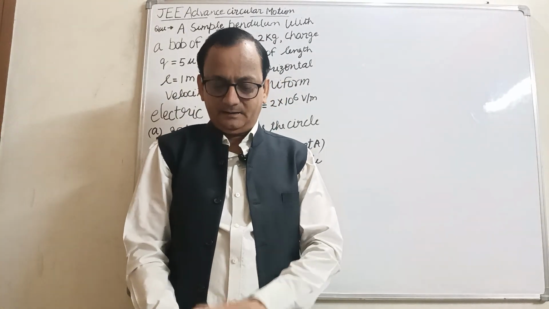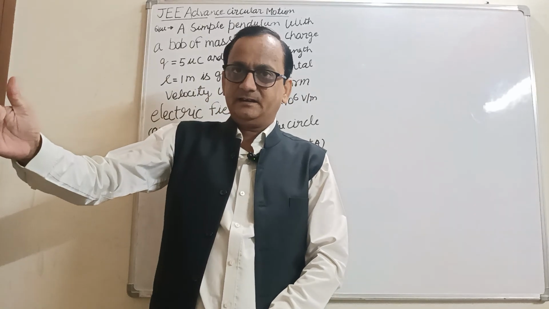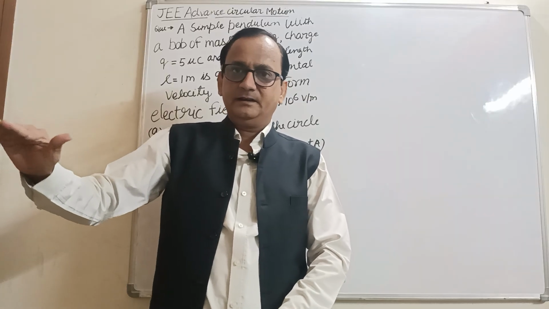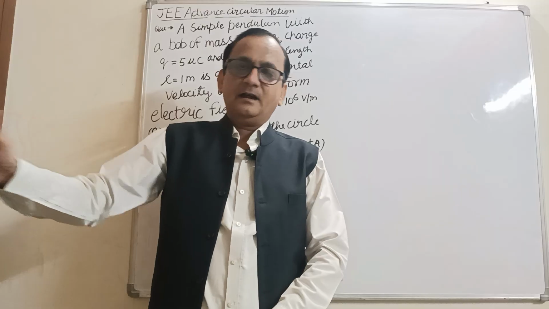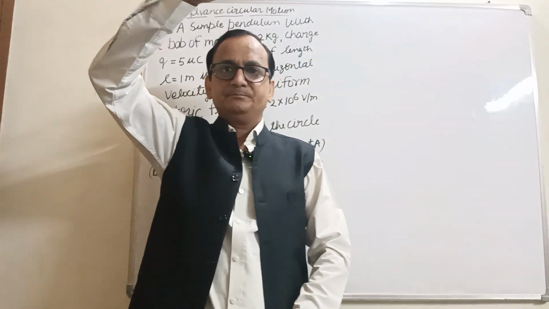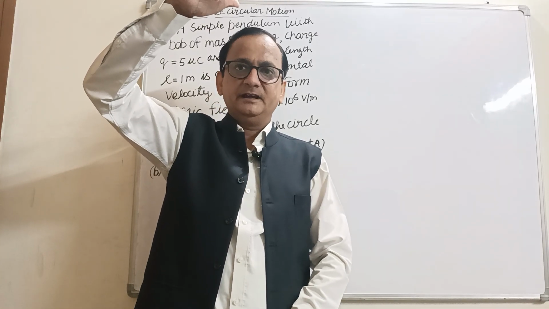When the bob is at the bottom position, its velocity is root 5 gl. When it reaches 90 degrees, its velocity would be root 3 gl, and when it reaches the top of the circle, its velocity would be root gl.